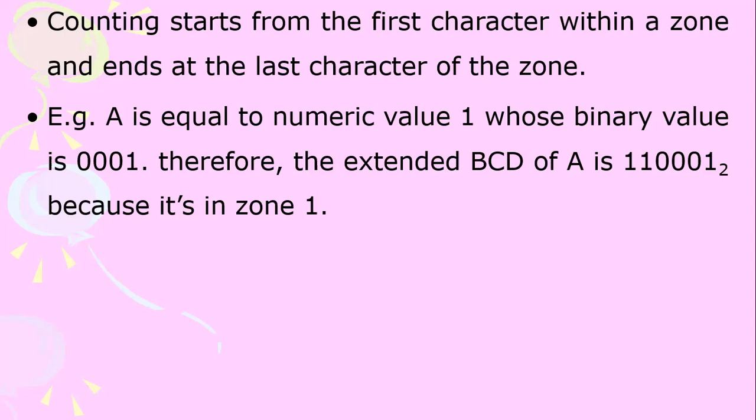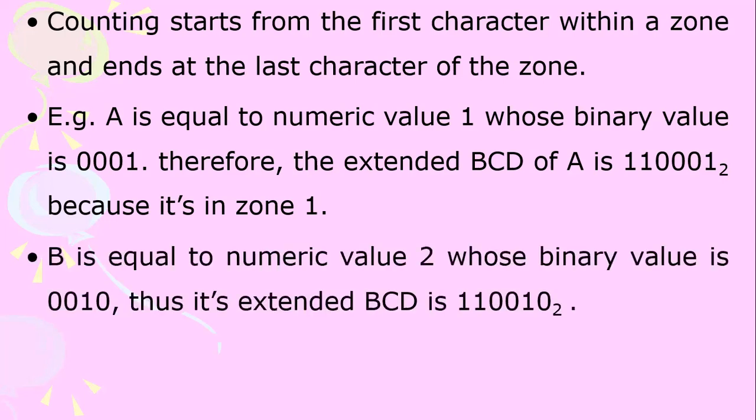Note, I have added 1, 1 on the most significant side, indicating that it is in zone 1. B is equal to numeric value 2, whose binary value is 0, 0, 1, 0. Therefore, its extended BCD will be 1, 1, 0, 0, 1, 0 to base 2.